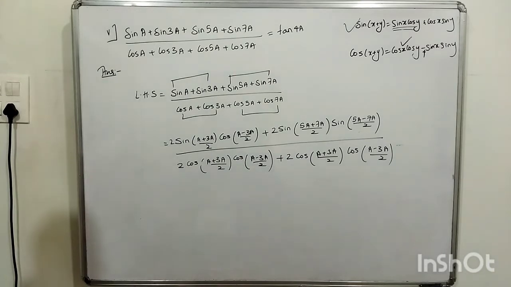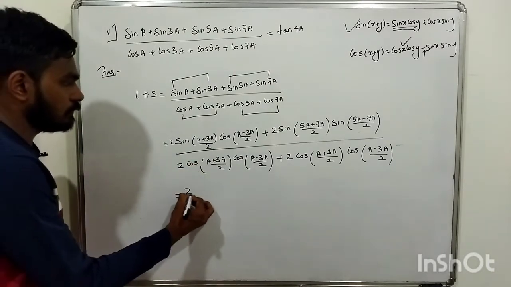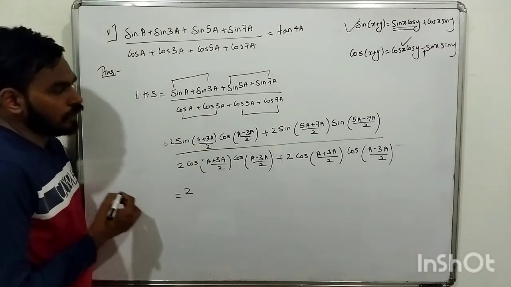Now if we simplify this first one, A plus 3A is 4A, 4A upon 2 is 2A.